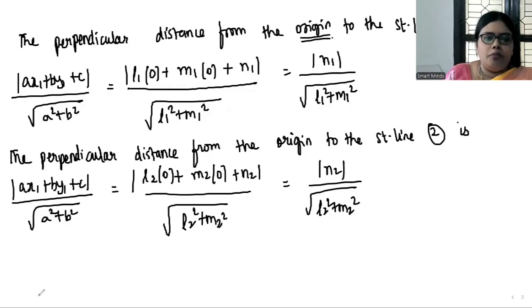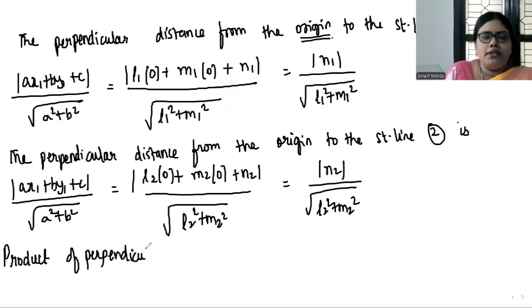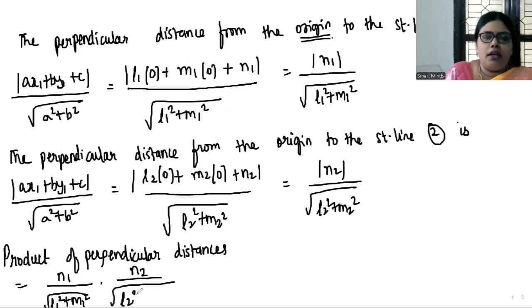Now we need to find out the product of perpendicular distances. So let us write the product of perpendicular distances. That is N1 by root over L1 square plus M1 square into N2 by root over L2 square plus M2 square.